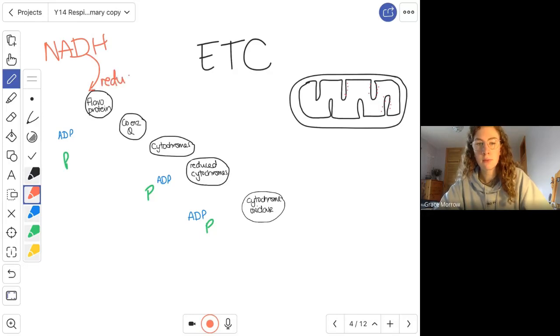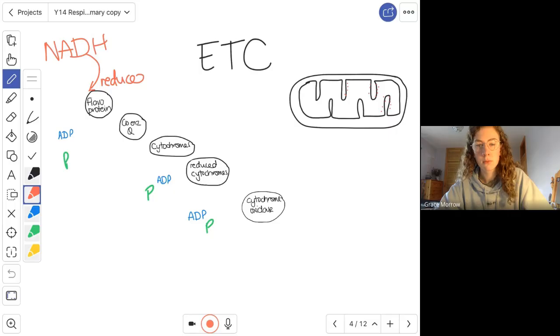So remember, reduction, a chemical is reduced when it accepts or receives hydrogens or electrons. What happens to the NAD if it gives up its hydrogen? Well, the opposite to reduction is oxidation, so it becomes oxidized.